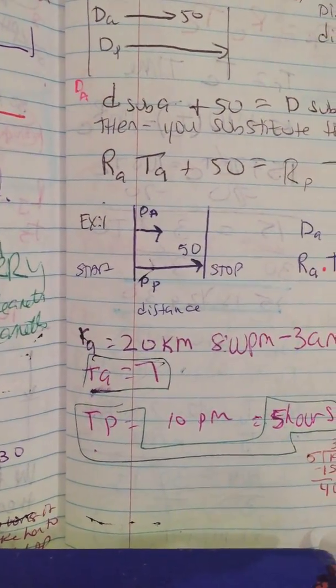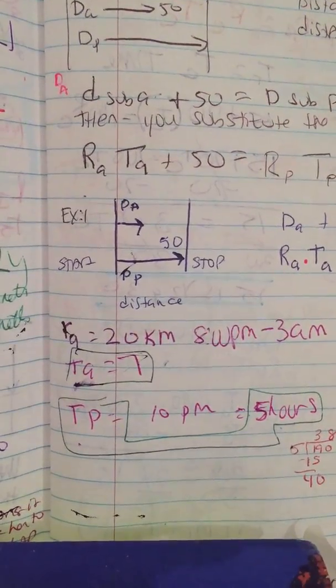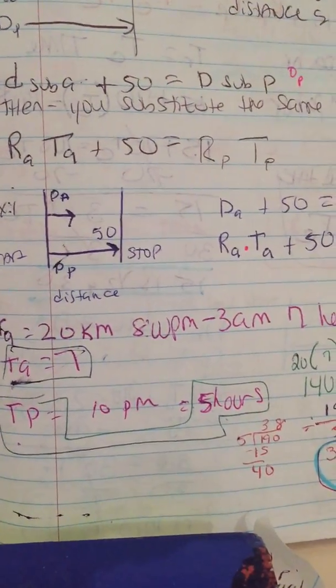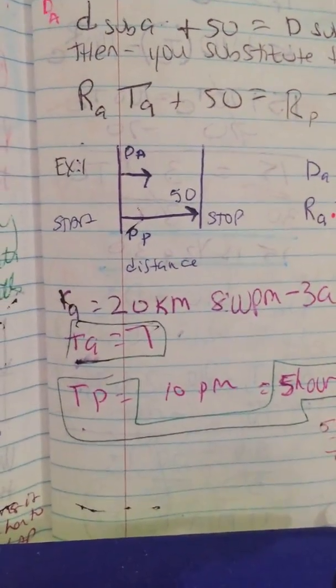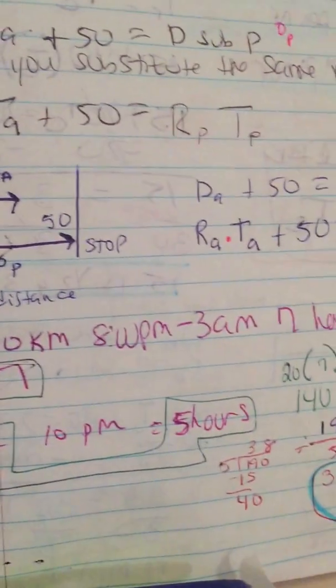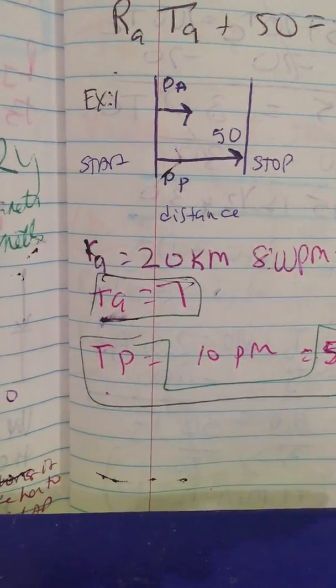Rate sub A times time sub A plus 50 equals rate sub P times time sub P. So we're going to get the sides equal.